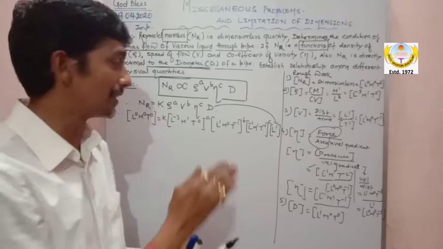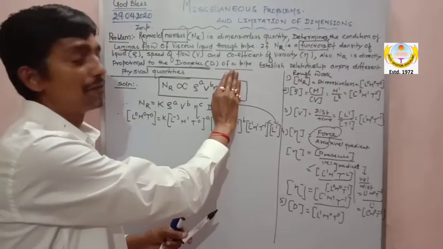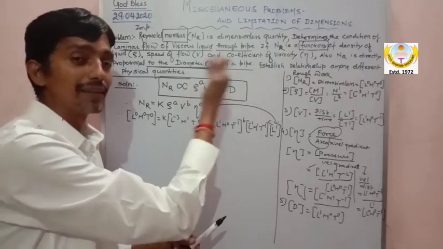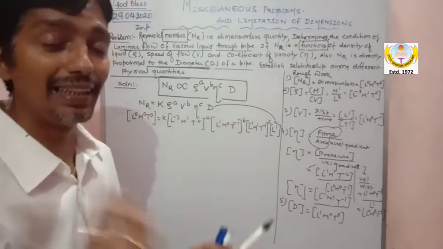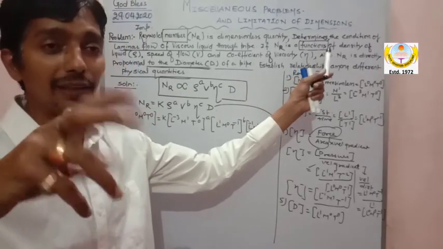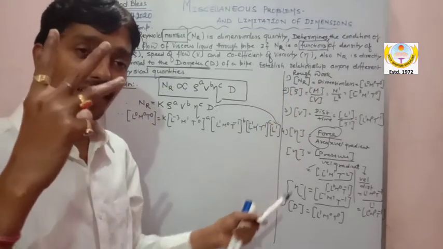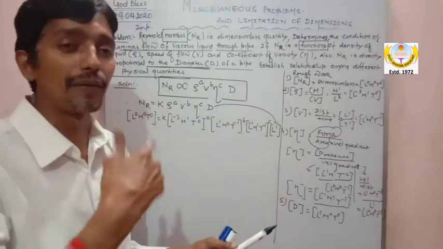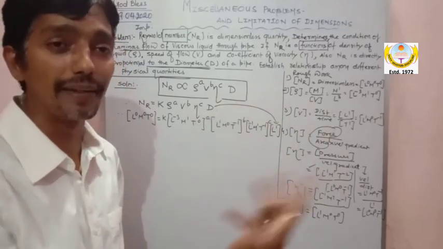Otherwise, in dimension, we cannot calculate if there are more than 3 physical quantities. So this becomes a limitation, my dear. In any example of uses of dimension where there is a dependency question, you will find in all of them 3 quantities on the right-hand side and 1 quantity on the left-hand side. No 4th quantity.